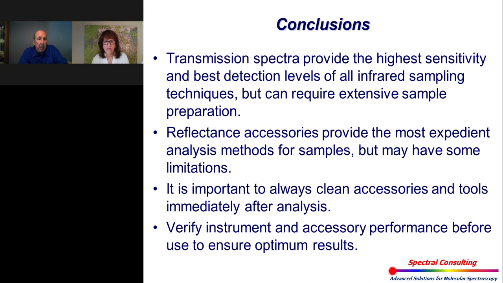The other side of that is let's say that my sample is something that's very shiny, has a very thin surface or very thin coating on a shiny surface. Well, then ATR or transmission is not going to work. So we have to evaluate what the sample is and what the final answer we're trying to obtain. And that will help make some decisions as far as what accessory, what method we should use.